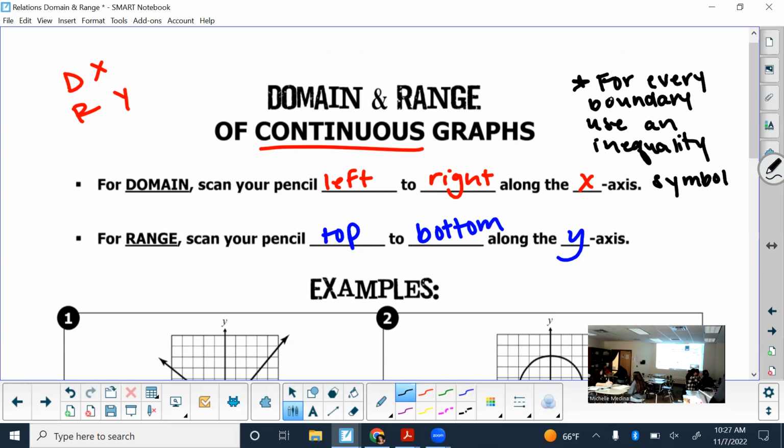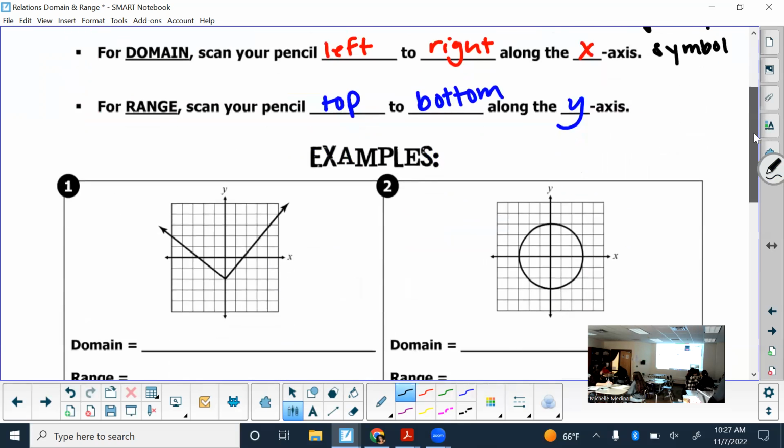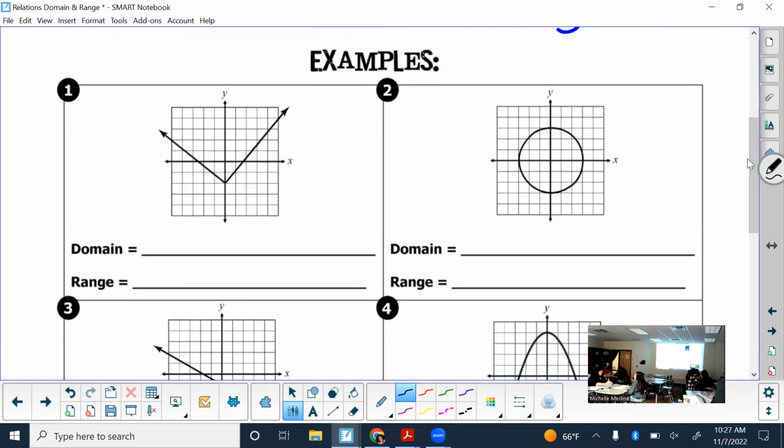All right. So let's look at the first example. So domain, we're looking at what axis? All right, Dr. XY, so domain, we're looking at what axis?